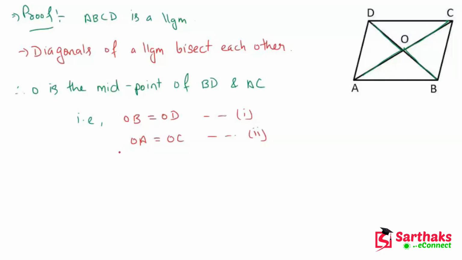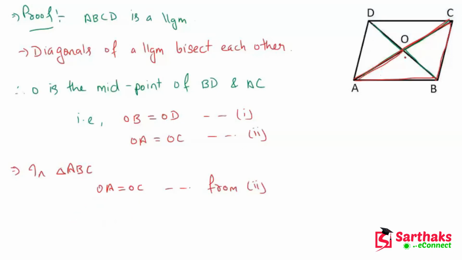Now in triangle ABC, in this triangle A, B and C, we know that AO is equal to OC from equation number 2. So in triangle ABC, OA is equal to OC from equation number 2.